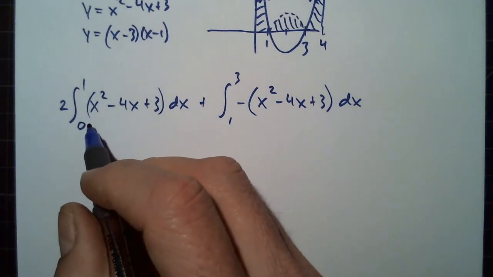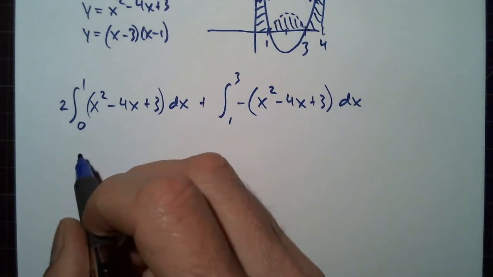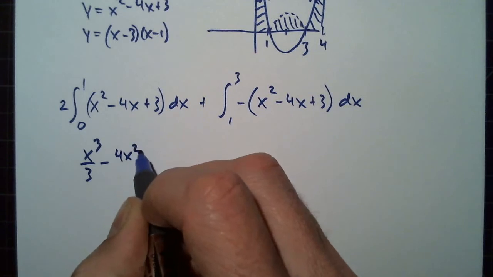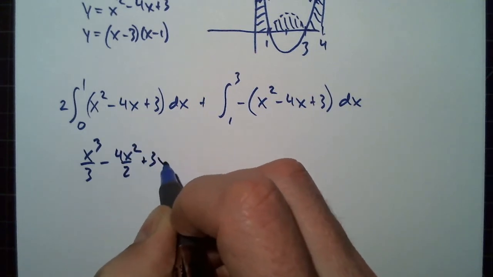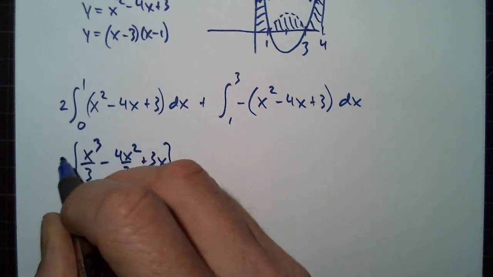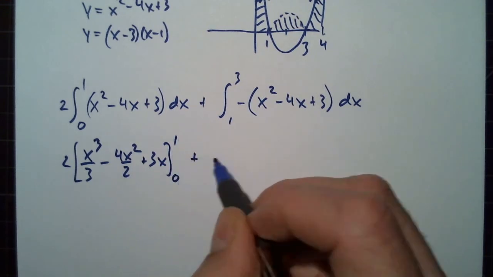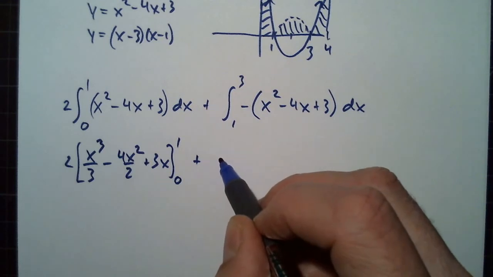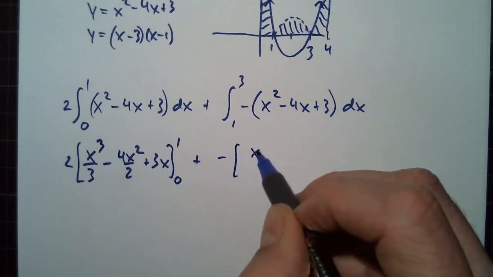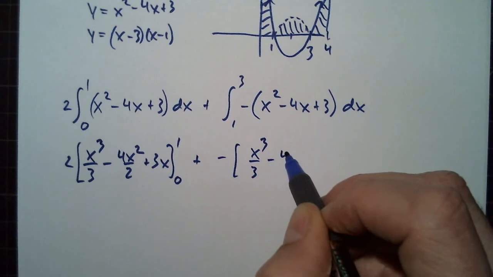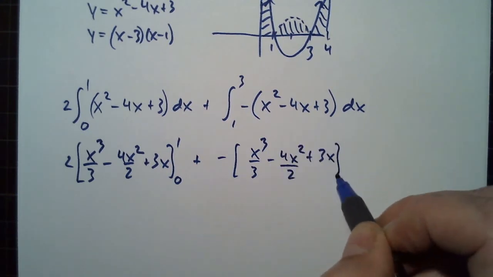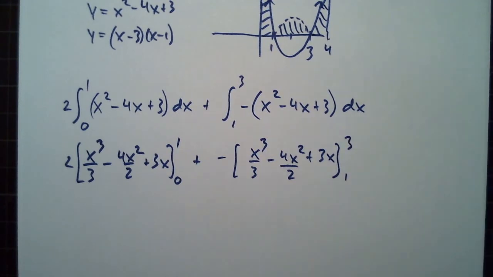So let's do the antiderivative. And we have x cubed over 3 minus 4x squared over 2 plus 3x. Two of those from 0 to 1. And here we're going to have negative x cubed over 3 minus 4x squared plus 3 over 2 plus 3x from 1 to 3.